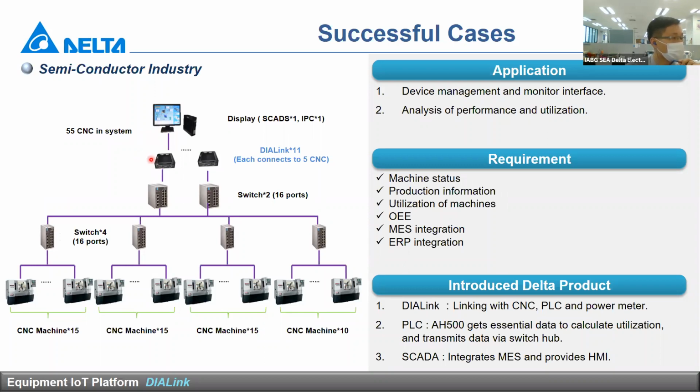The picture shows it's very easy to do the data mappings, because for each CNC it takes just 5 or 10 minutes to finish all the data mappings from the CNC controllers to the DIALink. So it saves time and also saves cost.